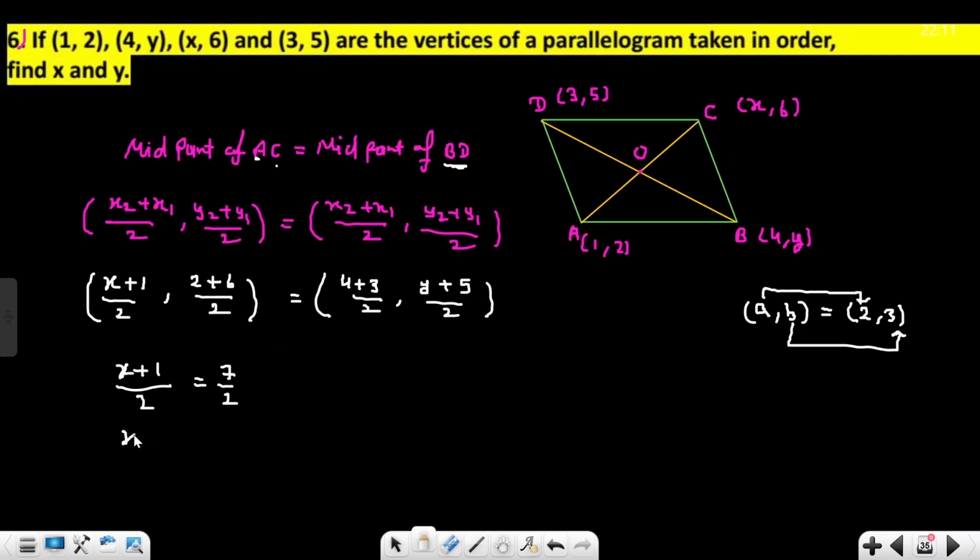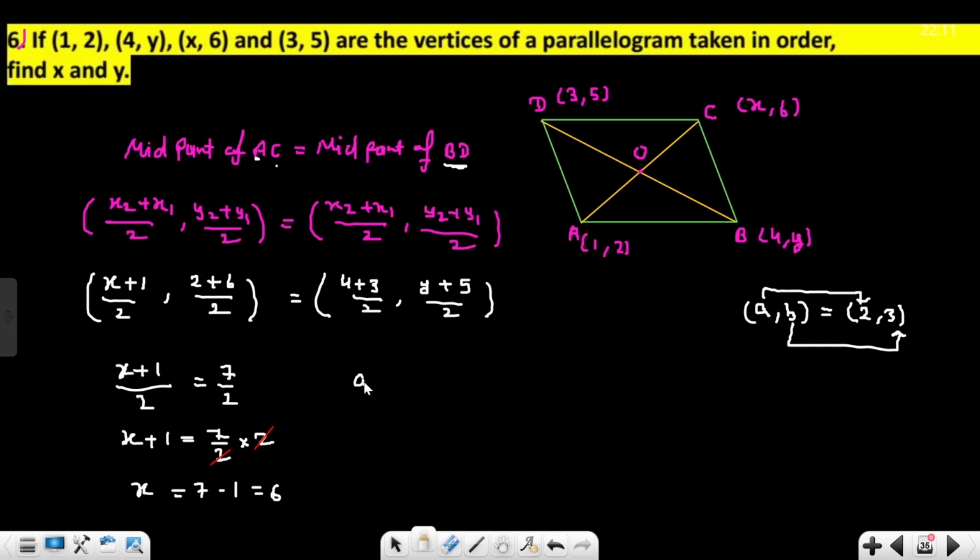Now change the 2 from the denominator side: 2 multiplied by 7 by 2, and 2 cancels out with 2. So the value is x plus 1 is equal to 7. The 1 here is positive, change the side, minus 1, we get the value 6.